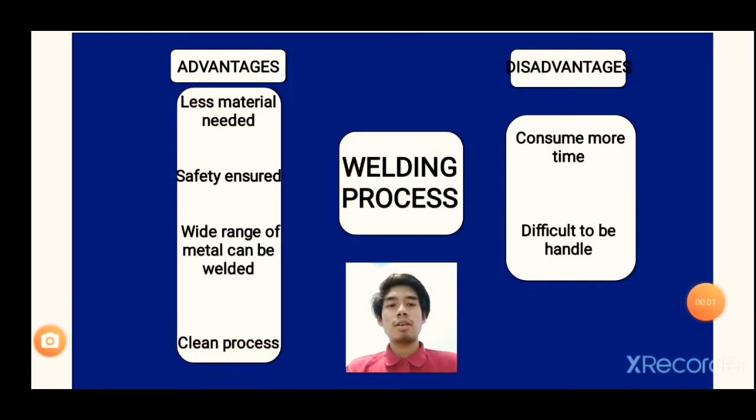So we're moving on to the next process, which is the TIG welding process. TIG stands for tungsten inert gas welding process. The first advantage that we can get from this process is less material needed.